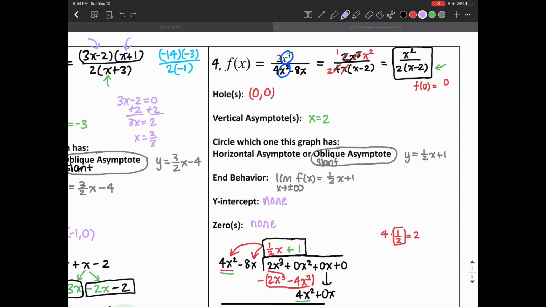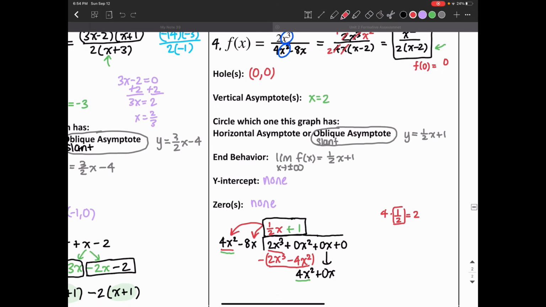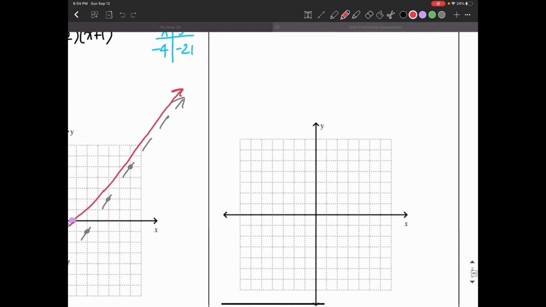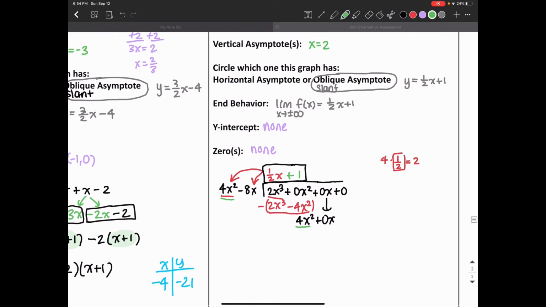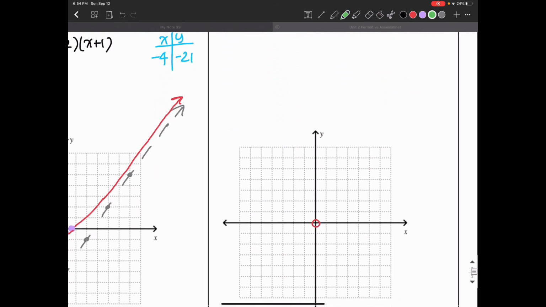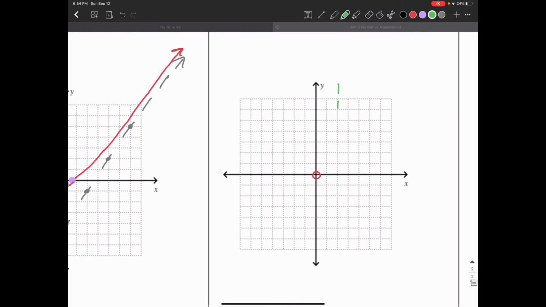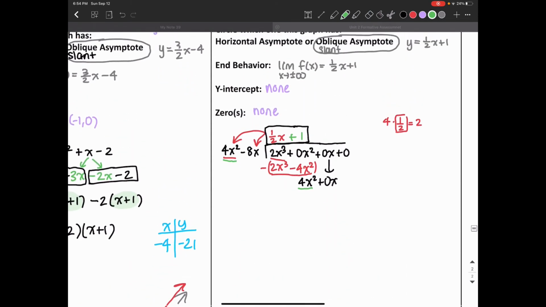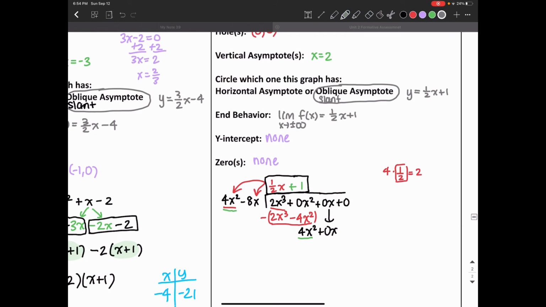So I'm going to plot my important information. I have a hole at (0, 0), so I put an open circle there. I have a vertical asymptote at x is equal to 2, so I put a vertical asymptote there, and I'm going to make it really long, and I'll make it longer if I need to later. Then I have this line I'm going to graph.